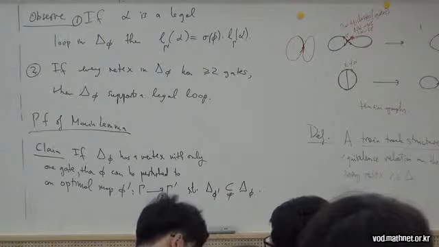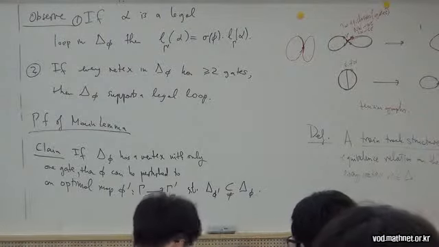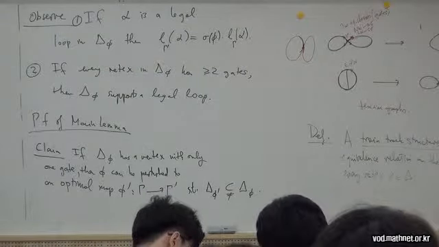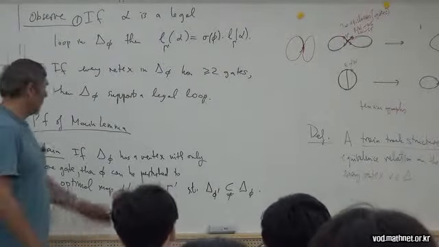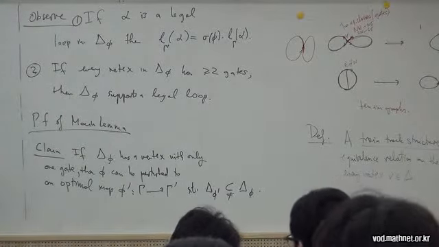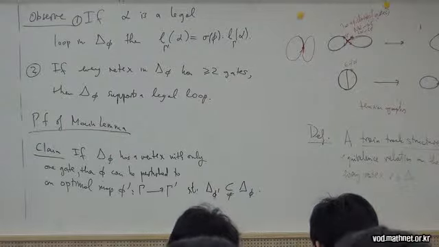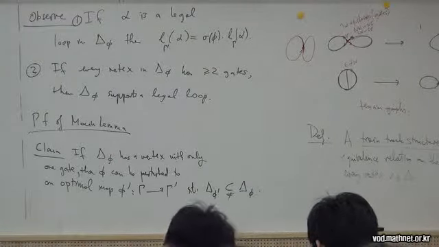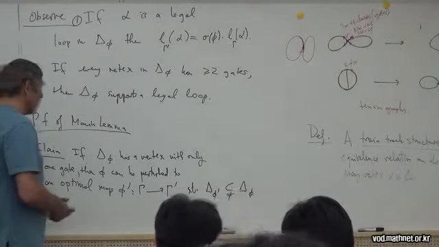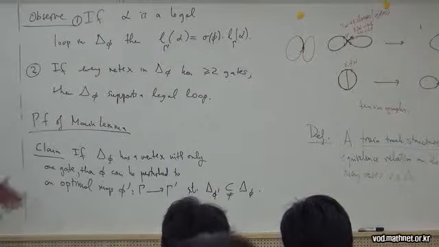Now you have to make sure that the tension graph doesn't completely disappear, but that's guaranteed by the fact that this is an optimal map. You cannot do better than this number you have, this sigma phi. So the tension graph cannot completely disappear, and it keeps decreasing. And so the only thing that can possibly happen is that you get to a place where there are no vertices with only one gate.